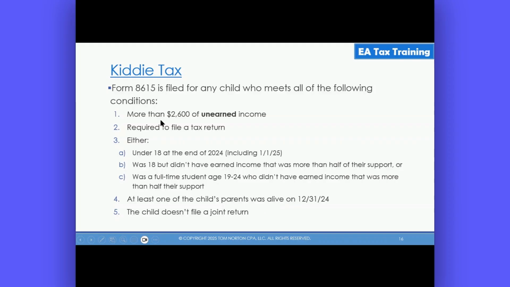The kiddie tax only applies to parents. If it is someone other than the parent that is claiming the child as a dependent, then there is no kiddie tax. So that's why at least one of their parents has to be alive at the end of the year. And then finally, the child doesn't file a joint tax return. If the child files a joint tax return, then there is no kiddie tax that will be applied.